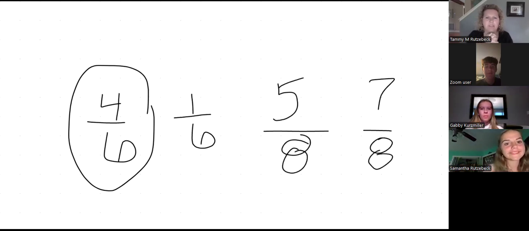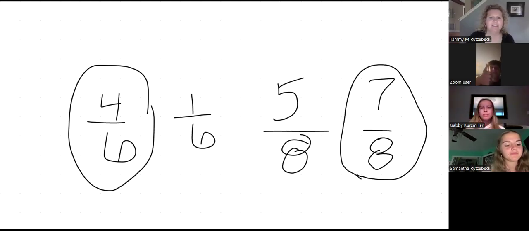And Samantha, would you like to pick someone to circle which one is higher? Gabby. Okay, Ethan, do you agree? Awesome. Good job, Gabby.